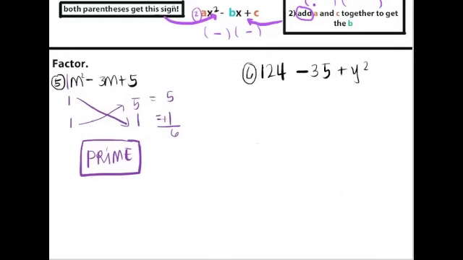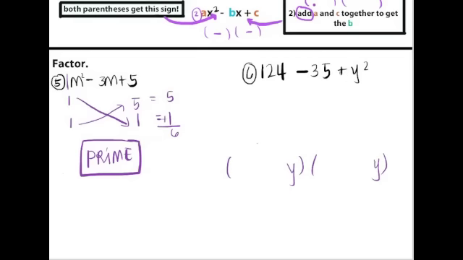I'm going to just tell you, so listen right now. Since the y squared is in the back, all that tells me is that when I have my final parentheses, my y's have to be in the back of each parenthesis. So if the y squared was first, which is like most of the ones we've been dealing with, we've been putting the variable in the first part, but you have to still observe the order.